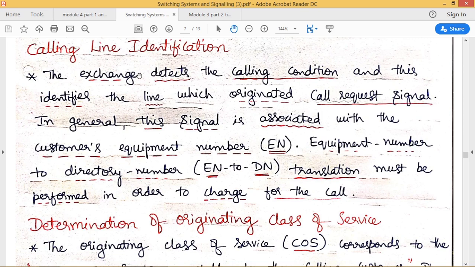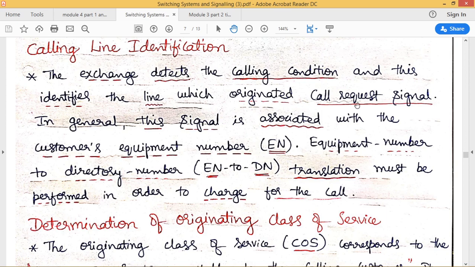So the exchange must be able to detect which line is sending the call request signal, and generally the signal is associated with the customer's equipment number, EN. Generally equipment number is said as EN.